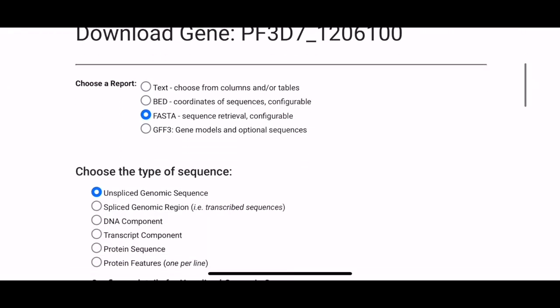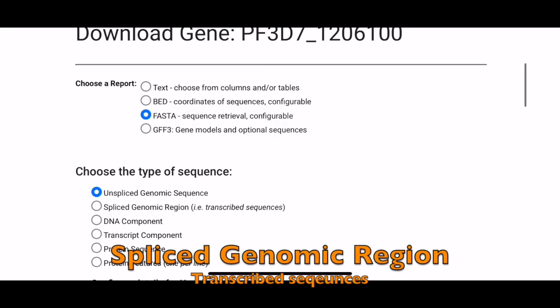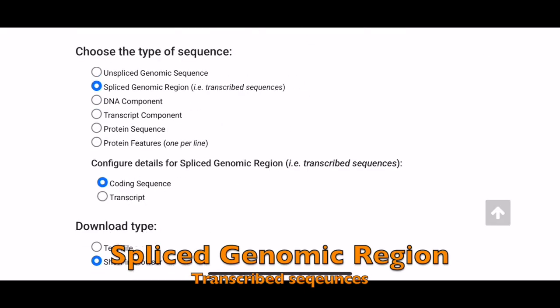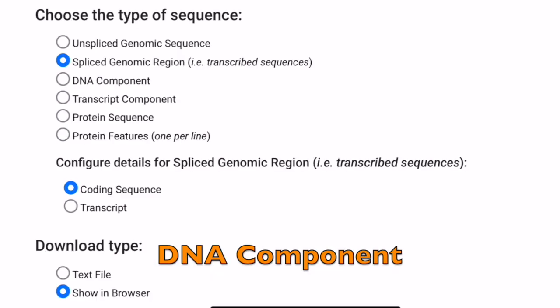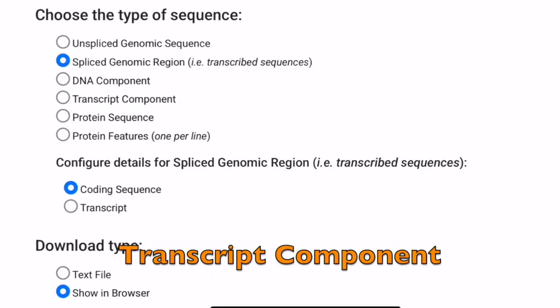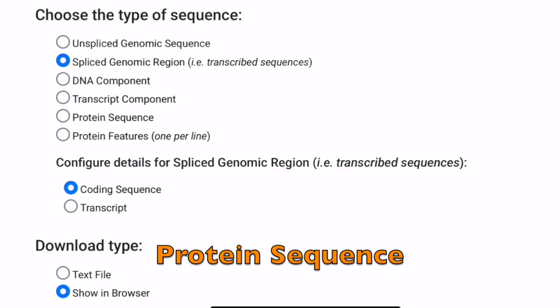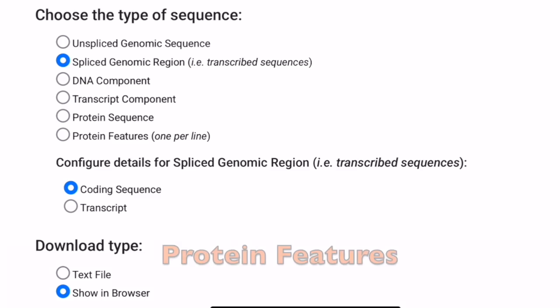Then you can specify the sequence type. So here you have either the unspliced genomic region, or you want to find the spliced genomic region, that's your transcribed sequences, or maybe the DNA component, or a transcript component, or protein sequence, or even protein features.